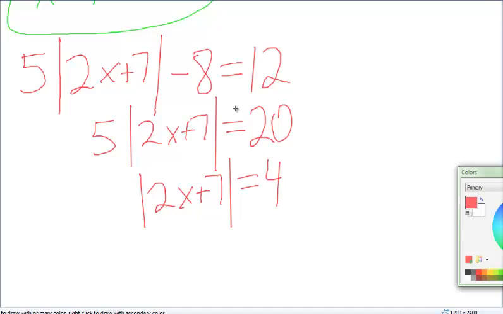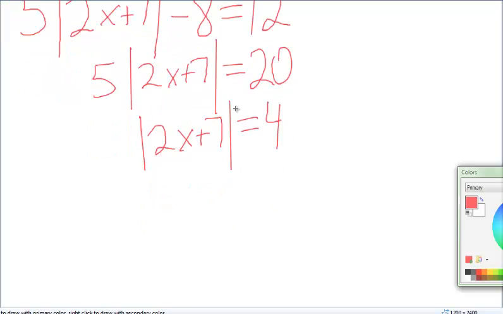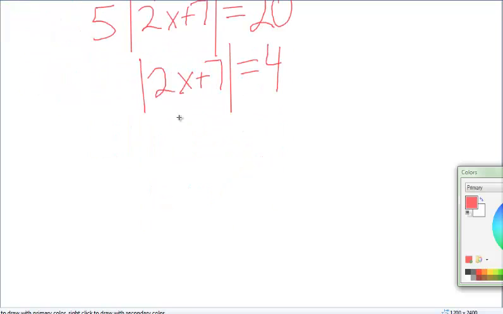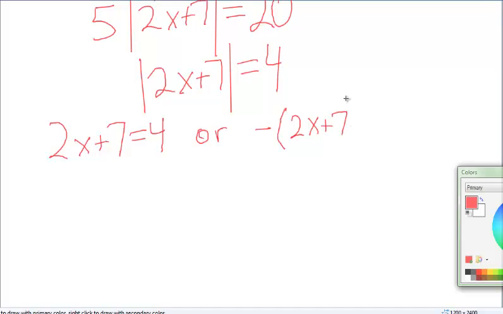Now we can solve it like we did before. We're going to set this absolute value and say, okay, we've got two options. Either 2x plus 7 equals 4, or we've got to put that negative on it, and -(2x plus 7) equals 4. So solving it, we subtract 7, divide by 2, and x equals -3 over 2.